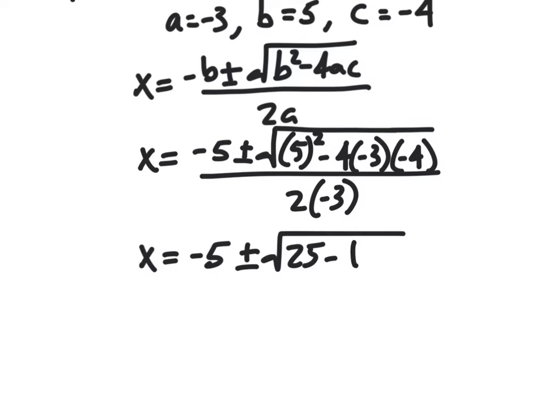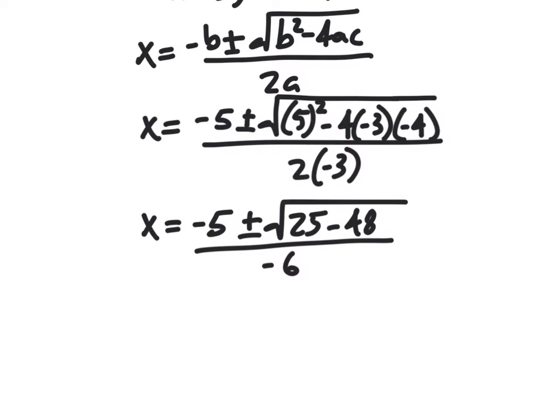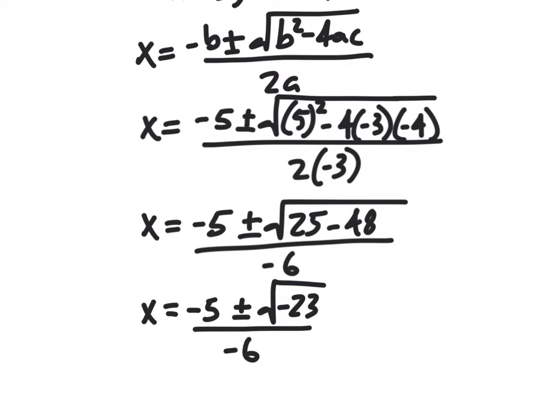So I've got 25 minus 48, all over negative 6. 25 minus 48 gives me negative 23. So x equals negative 5 plus or minus the square root of negative 23, all over negative 6.